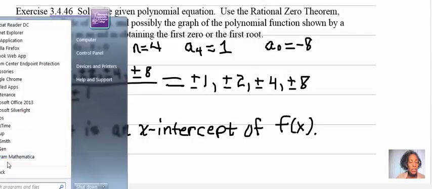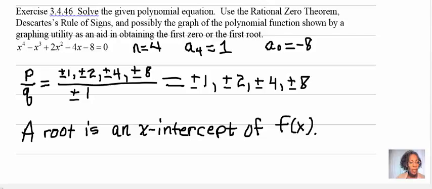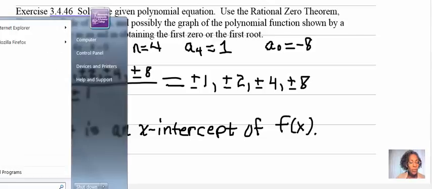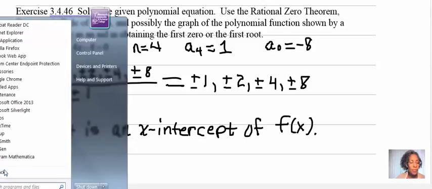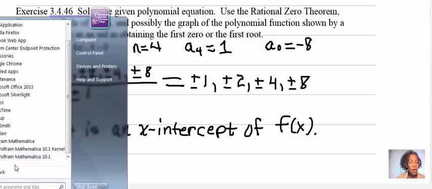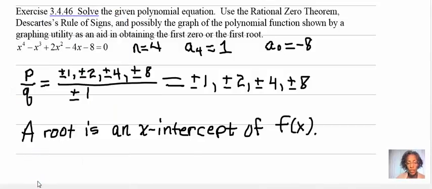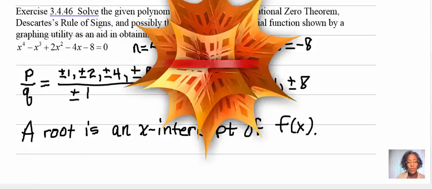If you click this Microsoft symbol and hit all programs, Wolfram Mathematica should be listed on all of the computers in the computer labs. Once you open that, select Wolfram Mathematica. Right now that's version 10.1. That's forever changing, so that may not always be true.